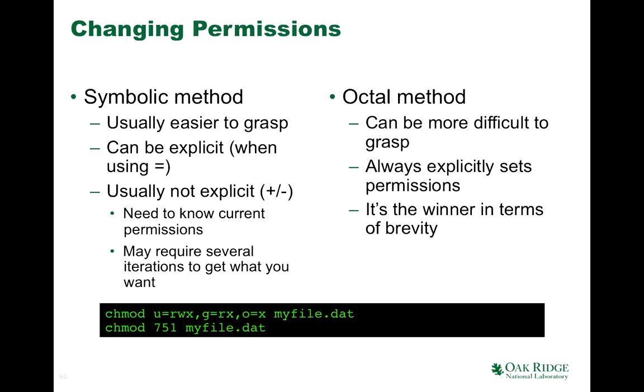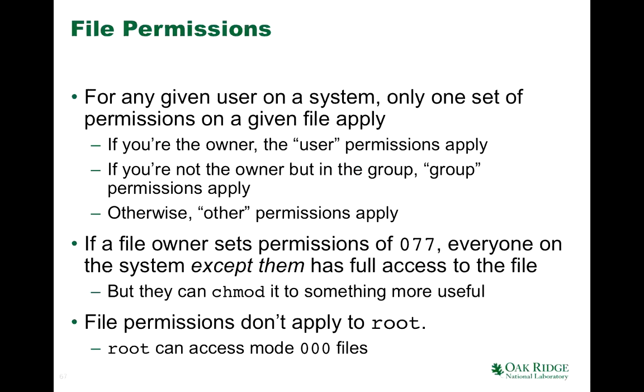And in terms of brevity, you can see it normally wins that game. In the example, both of those chmod commands at the bottom of the screen do exactly the same thing. One of them is far fewer characters than the other one. Remember, one of the nice things with Unix is we try to type as few characters as we can for things.